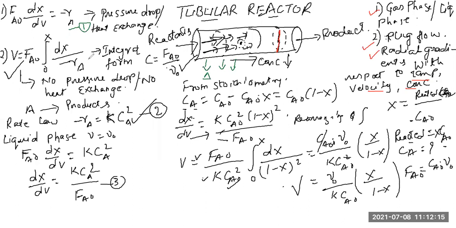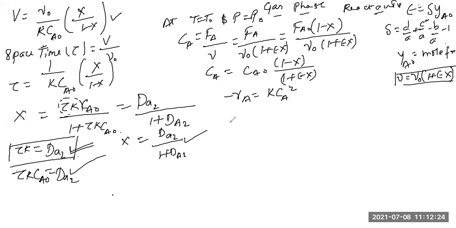We would be using this equation, the integral form of the equation, which was V is equal to FA0 integral from 0 to X of dX upon minus rA.